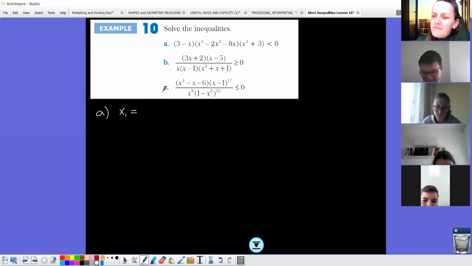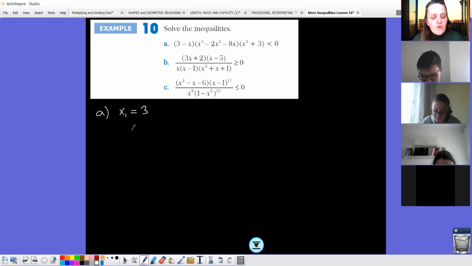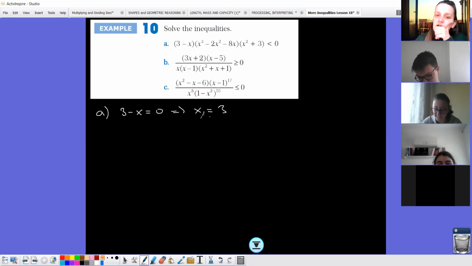X1 will be 3. Okay. We can write like this to be more understandable for all of you. So we're starting: 3 minus x is equal to 0. X2 will be 0. Then in the second one, we have x cubed minus 2x squared minus 8x is equal to 0.